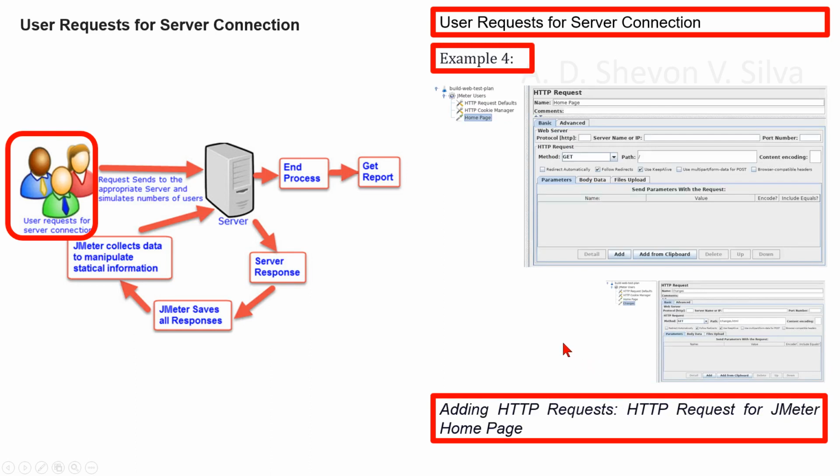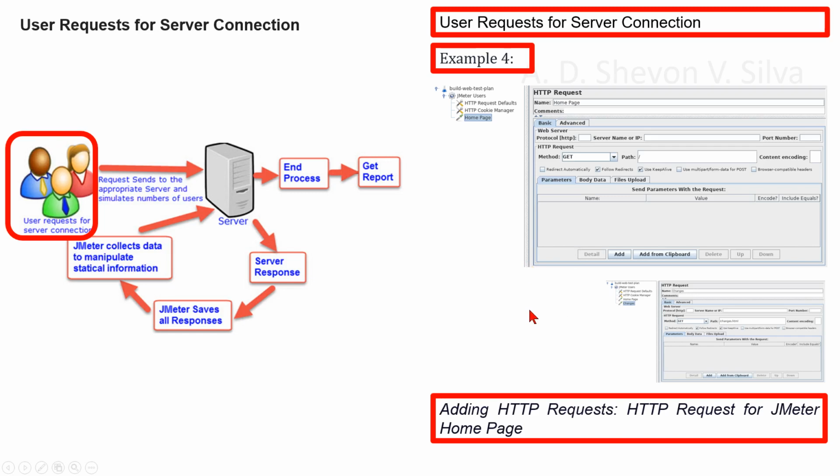Now we are considering adding HTTP requests. Here you can see the HTTP request for JMeter homepage. In our test plan, we need to make two HTTP requests.